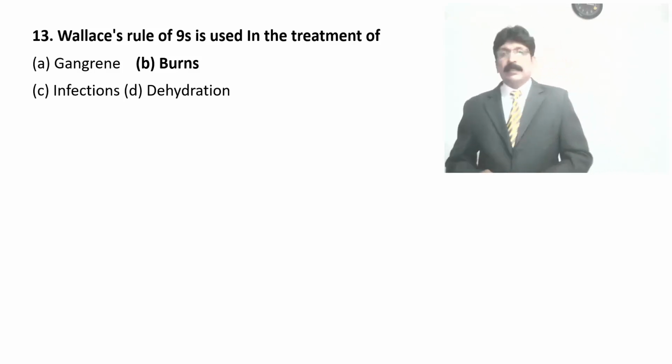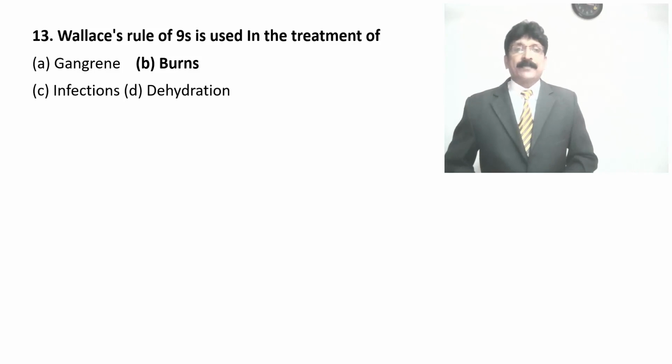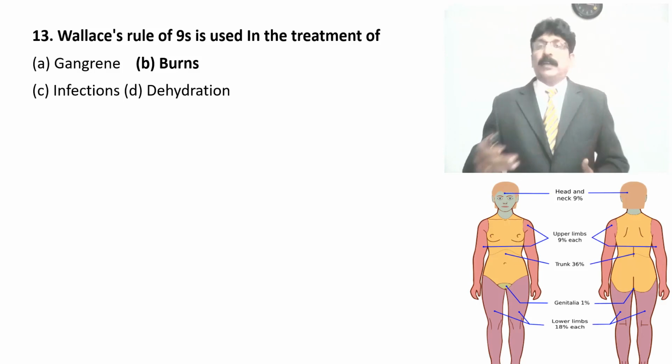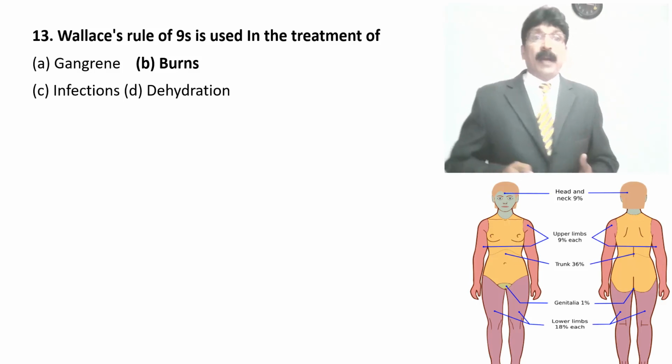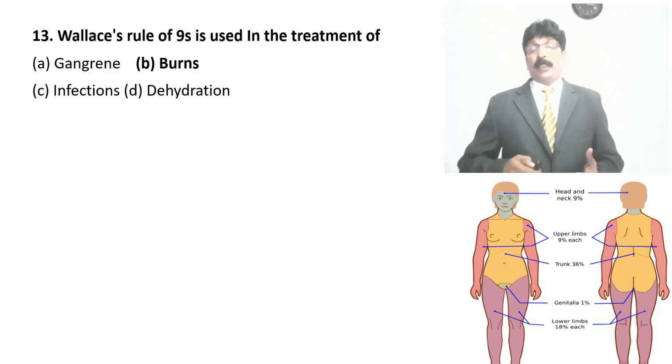So why is burns used for this Wallace rule of 9? What is nines? The surface area of the affected burns is calculated by Wallace rule of 9. That is what the student should remember.